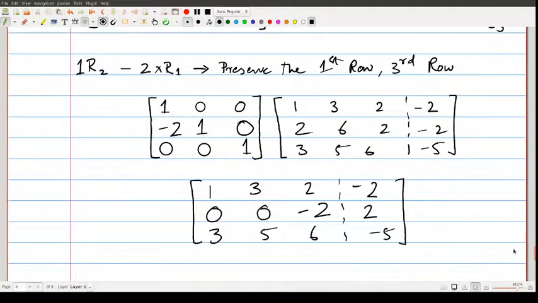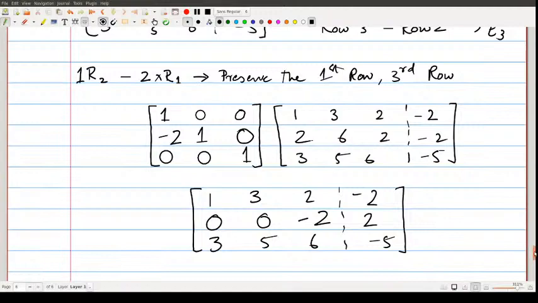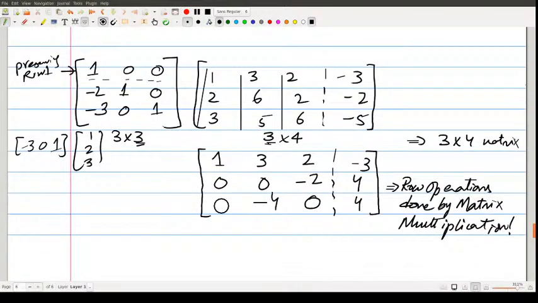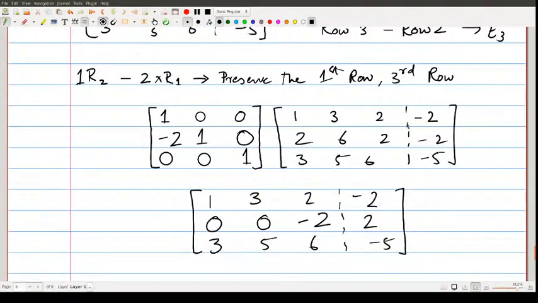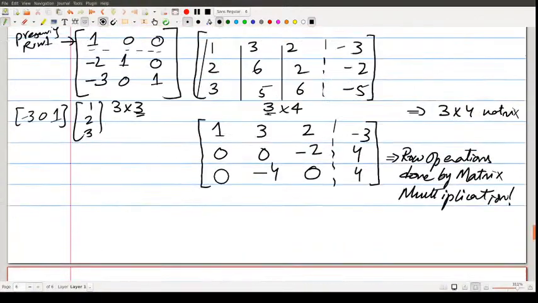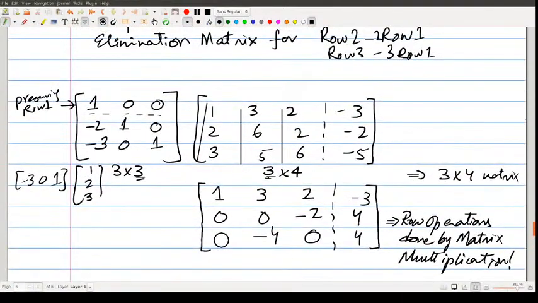This is the matrix I get once I eliminate the second row. Let's verify it's exactly what we get: 0, 0, minus 2. There's an issue, we should have gotten 6 here. Minus 2 times minus 2 is 4, plus 2 is 6. Sorry, minus 2 minus 2 is minus 4.